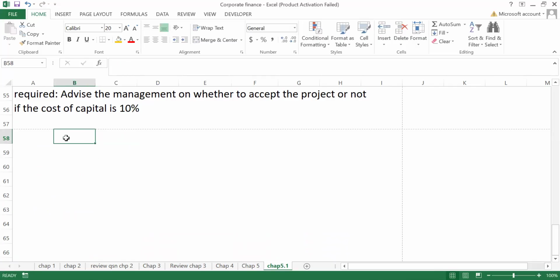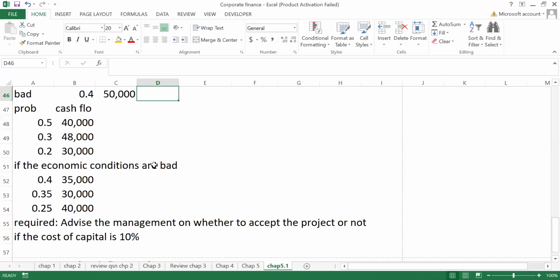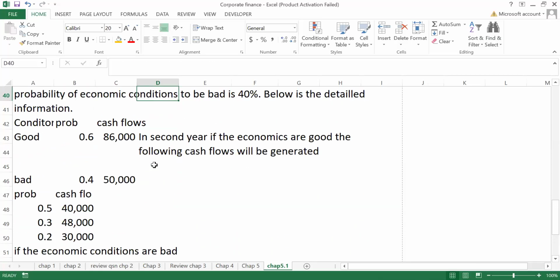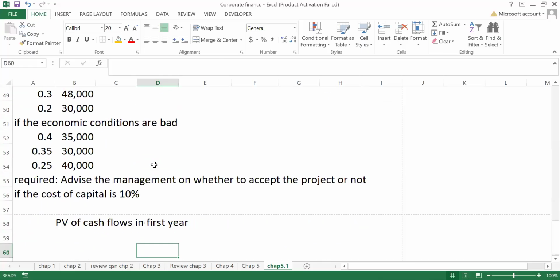What is the present value of cash flows in the first year? That's the first step. Remember our cash flows in the first year, it is either 85 or 86, or 40, 50, sorry.